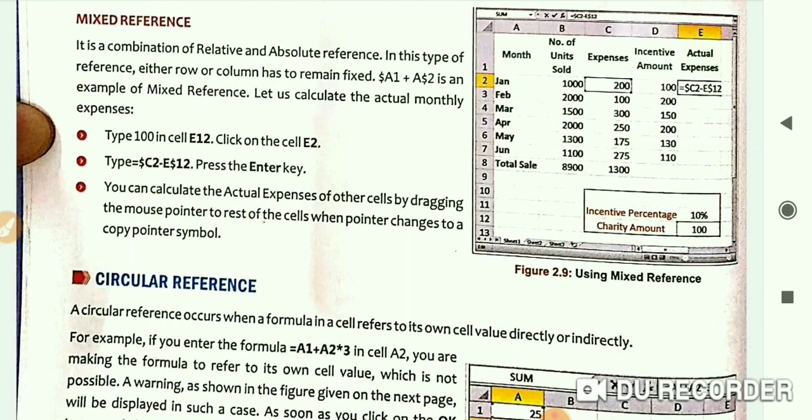In the first part, $A means A is fixed. It will not be changed, but the value of 1 will be changed, like it will be 1, 2, 3, 4. And in the second part, $2 will remain fixed. So this is called mixed reference.